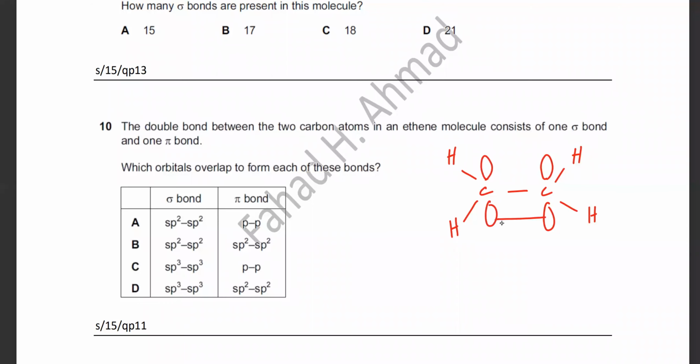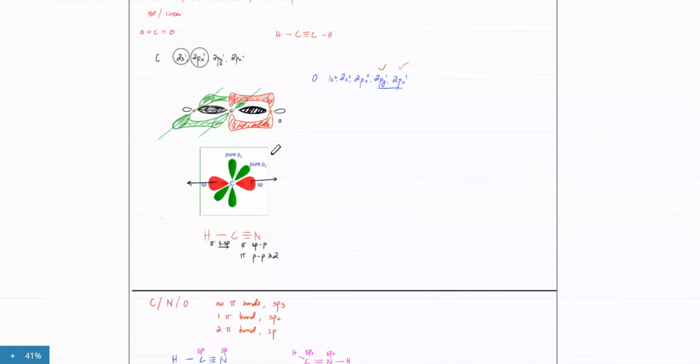So who's forming the pi bonds? The pi bonds are formed by the overlapping of p orbitals. And the sigma bond forming between the two carbon atoms, which two orbitals are overlapping? sp2. Let me show the actual drawing of ethene.